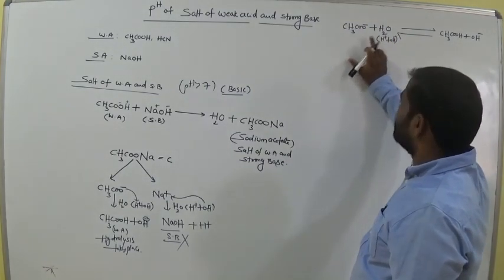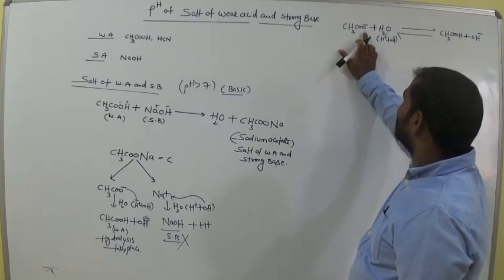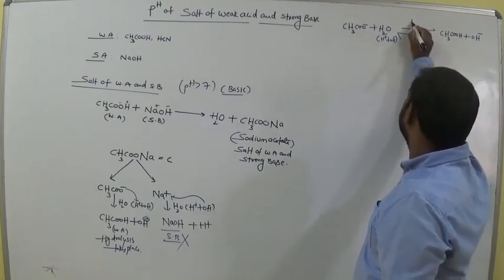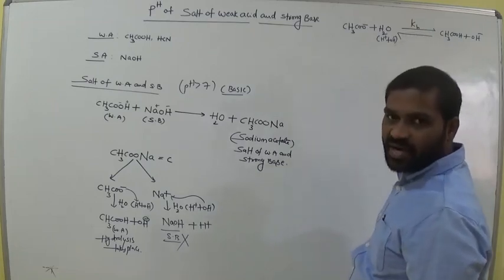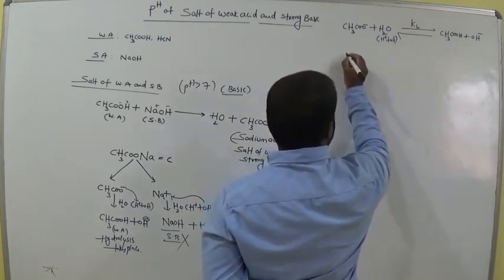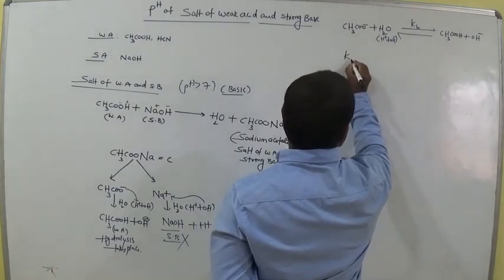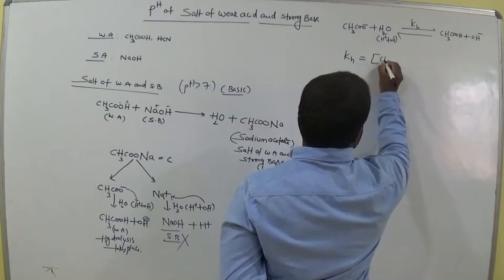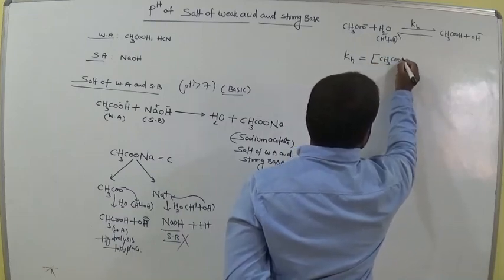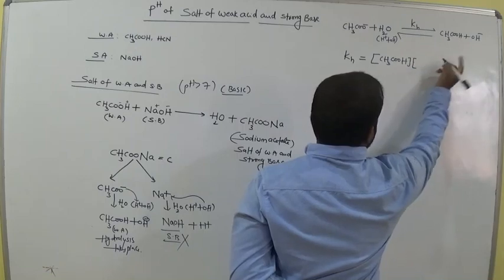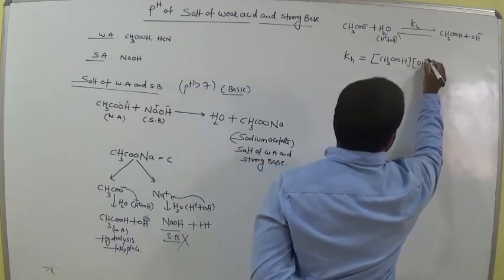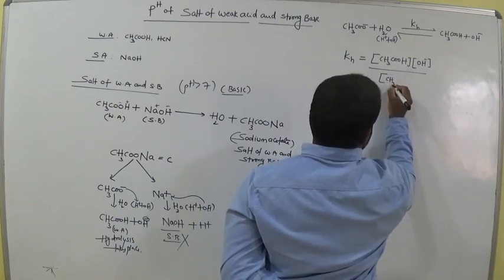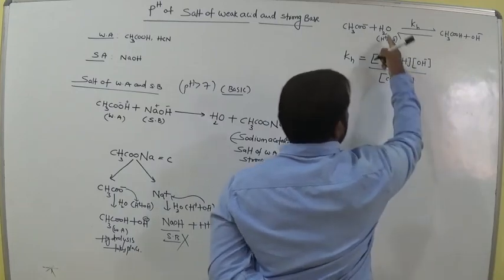This is the hydrolysis phenomenon. This is the acetate ion, and this anion undergoes hydrolysis. Then we have the hydrolysis constant, KH. Write the expression. KH equals the molar concentration of CH3COOH times the molar concentration of OH minus, divided by the molar concentration of CH3COO minus.